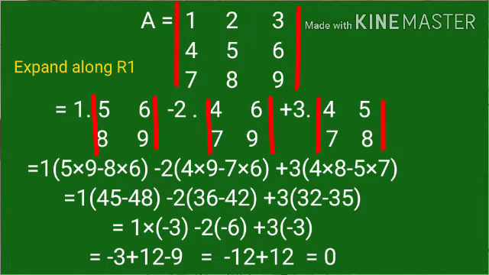Here the determinant has first row 1, 2, 3, second row 4, 5, 6, and third row 7, 8, 9. Here we expand this determinant along the first row, that is R1. In the first row, the first element is 1, so first write 1.